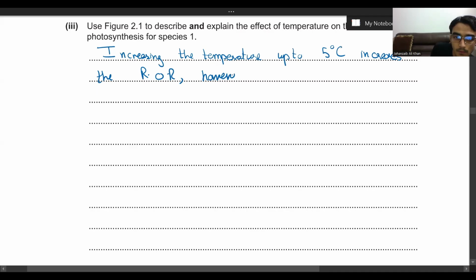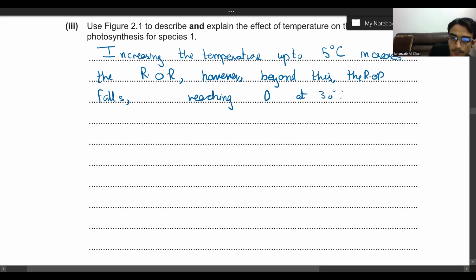However, beyond this, the rate falls, reaching zero at 30 degrees.